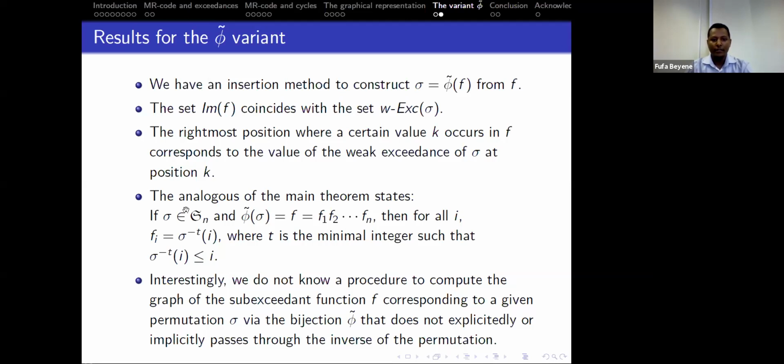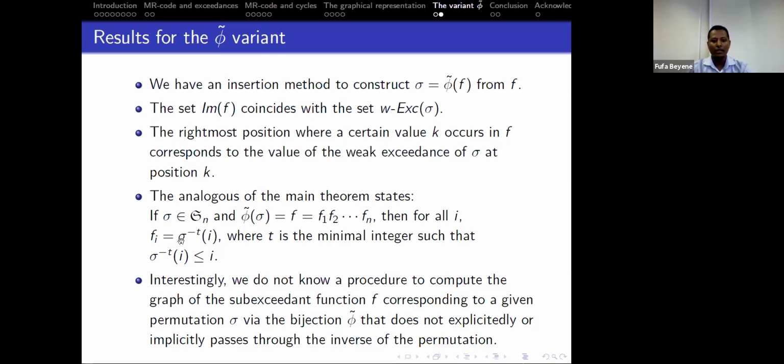The analogous theorem of the main theorem for Phi Tilde is given as follows. We have f obtained from Phi Tilde inverse. Phi Tilde inverse of sigma is f, where f(i) is sigma minus t of i.